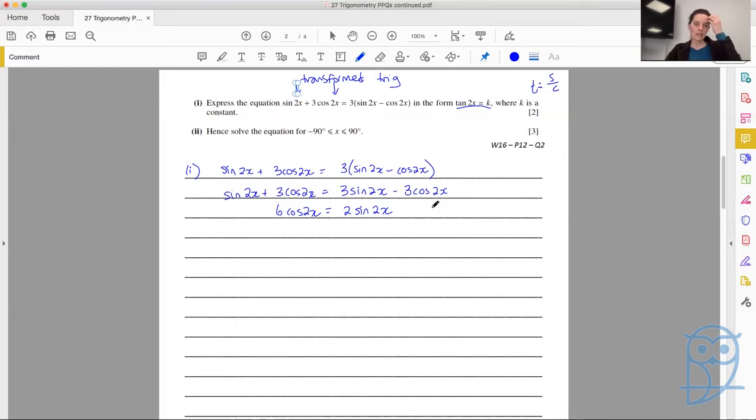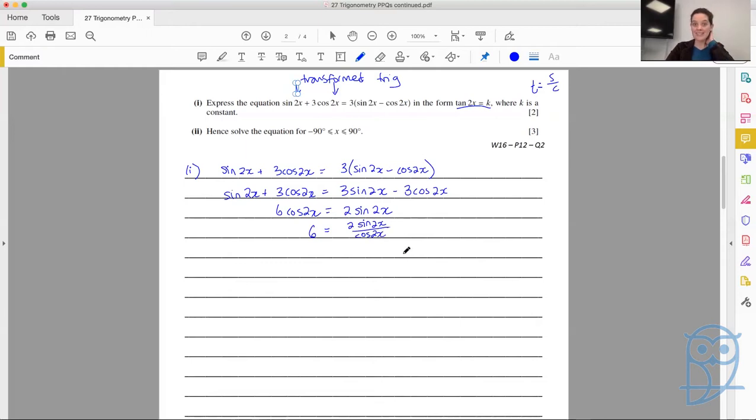Okay, so now we need to get from sine and cos to tan. So we're aiming for sine over cos. Remember, we're not dividing through here and losing a solution because the cos isn't going to disappear. When we divide through by cos, we're going to get 6 equals 2 sine 2x over cos 2x.